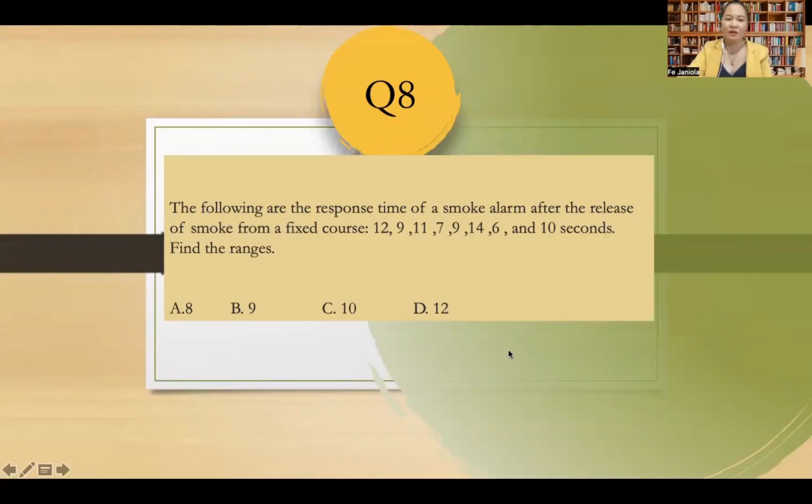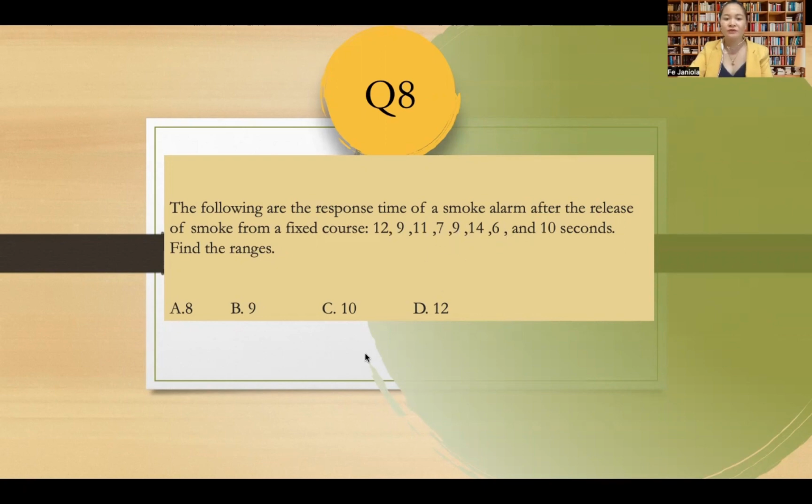Next, question number 8. The following are the response times of a smoke alarm after the release of smoke from a fixed source: 12, 9, 11, 7, 9, 14, 6, and 10 seconds. Find the range.